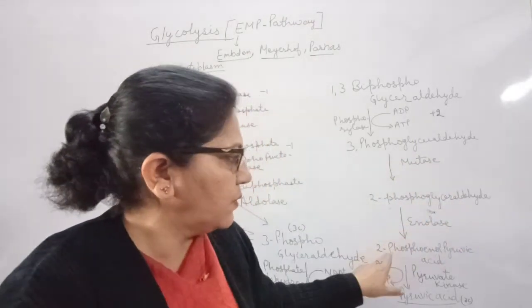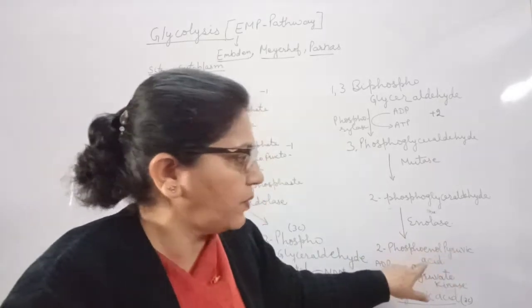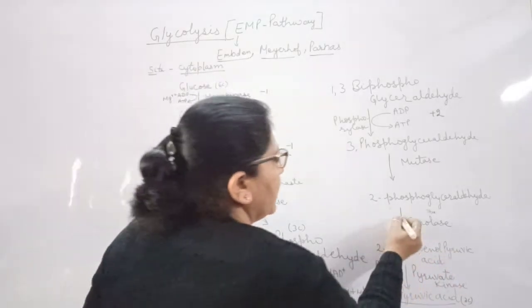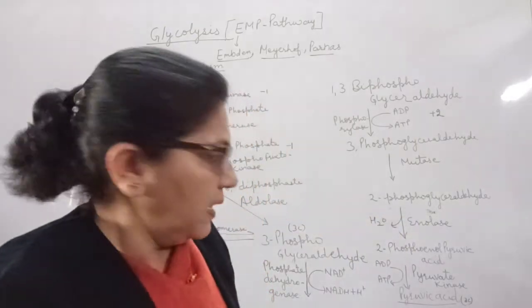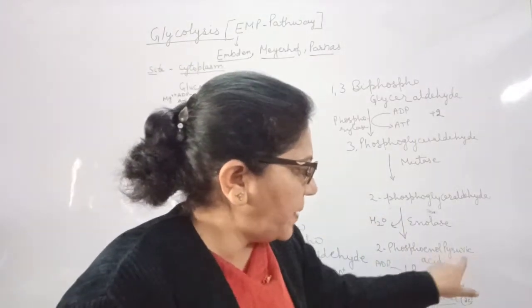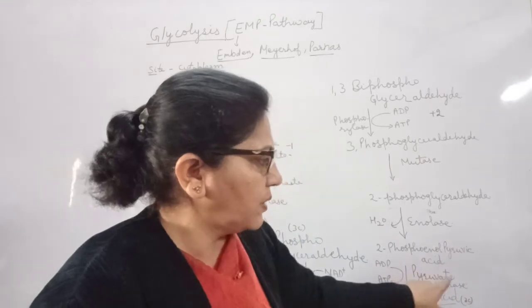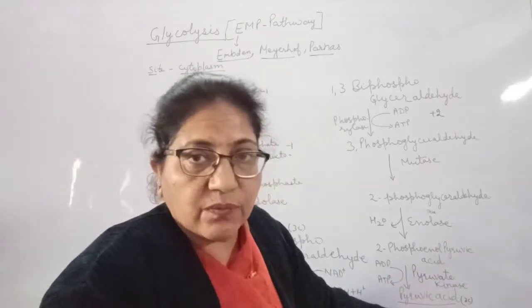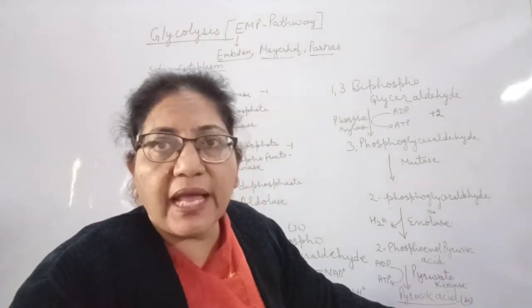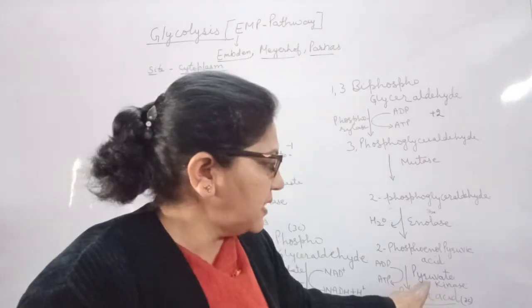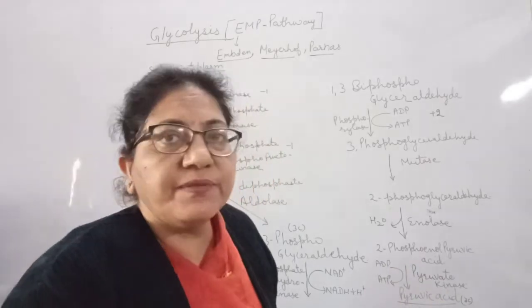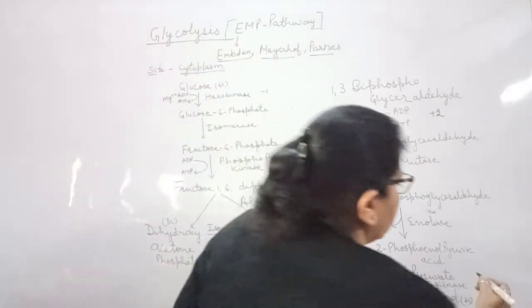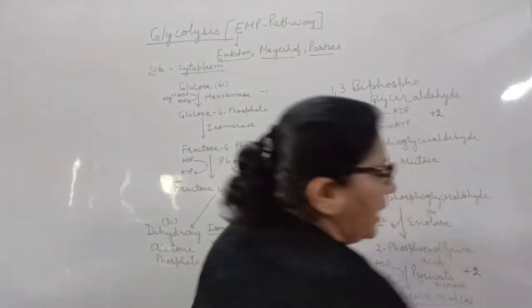Then 2-phosphoglyceraldehyde is converted into 2-phosphoenol pyruvic acid, that is enolase, and there is removal of water. Now this 2-phosphoenol pyruvic acid is converted into pyruvic acid, which is the end product of glycolysis. In the presence of the enzyme pyruvate kinase, again we have synthesized energy in the form of 2 ATPs.